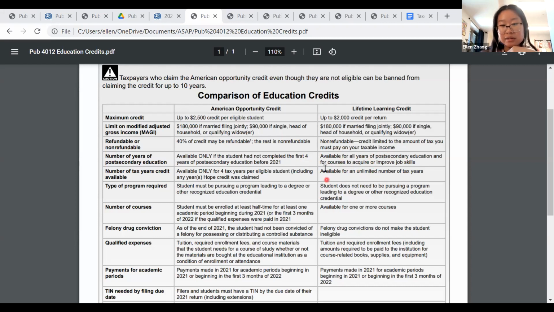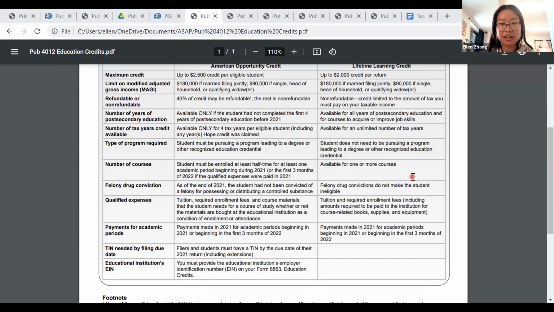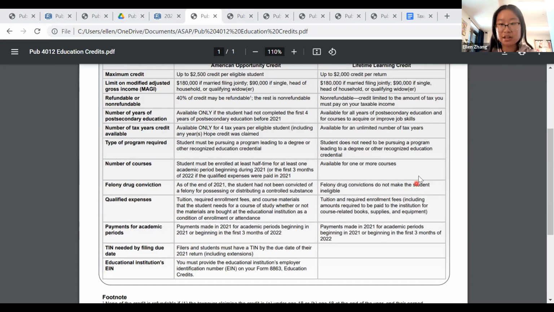So it's available for all years of post-secondary education, available for unlimited amounts of tax years, but you do have to be a student that's at least working towards some sort of improvement in yourself, learning a skill maybe, or acquiring a specific job skill you want to do.